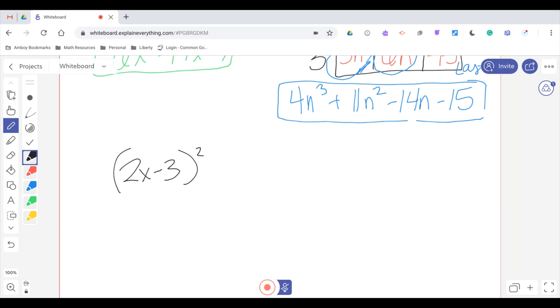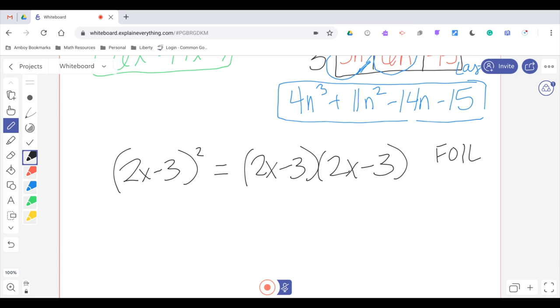Remember, this does not mean that we distribute that exponent of 2, because there's subtraction inside. What it really means is 2x minus 3 times 2x minus 3. So I want you to go ahead and solve. You can use either the FOIL method or the box method. I want you to choose and try to solve it, and then we will go over that problem tomorrow.